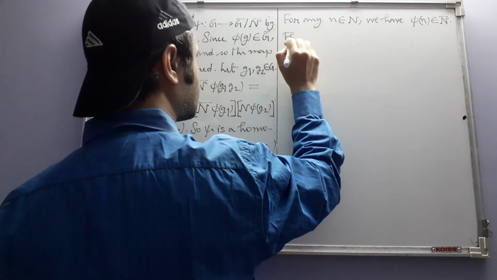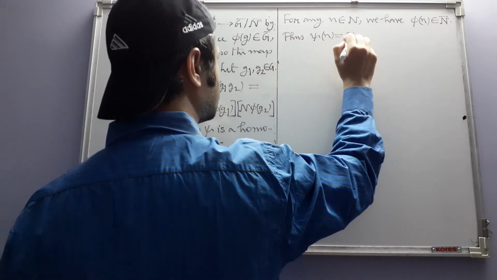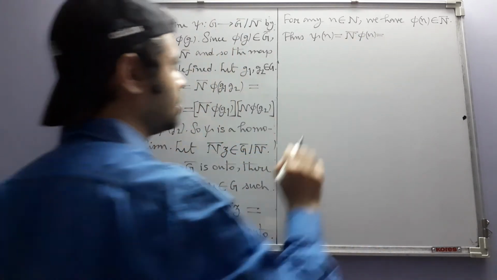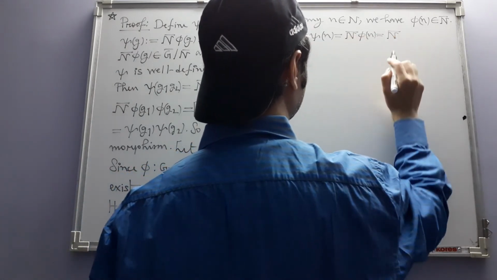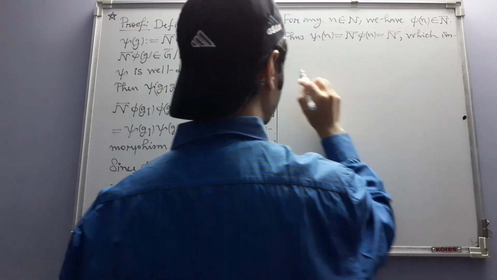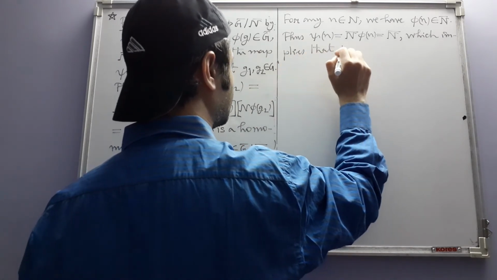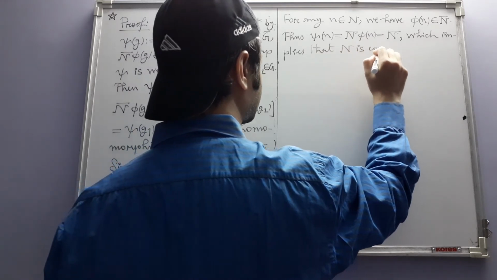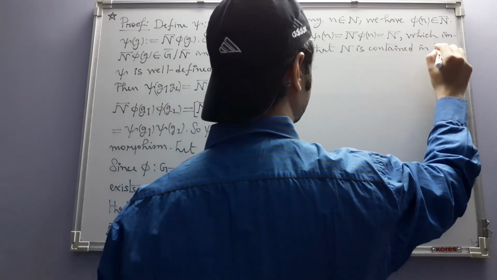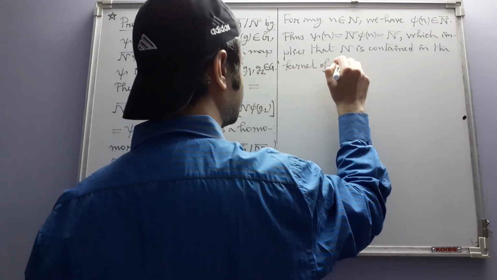Thus psi of n, which is N bar phi of n, since phi of n belongs to N bar, this coset will be equal to N bar itself, which implies that N is contained in the kernel of psi.